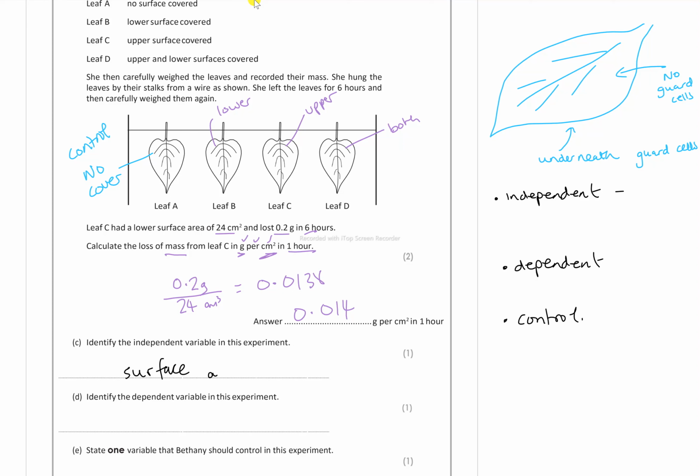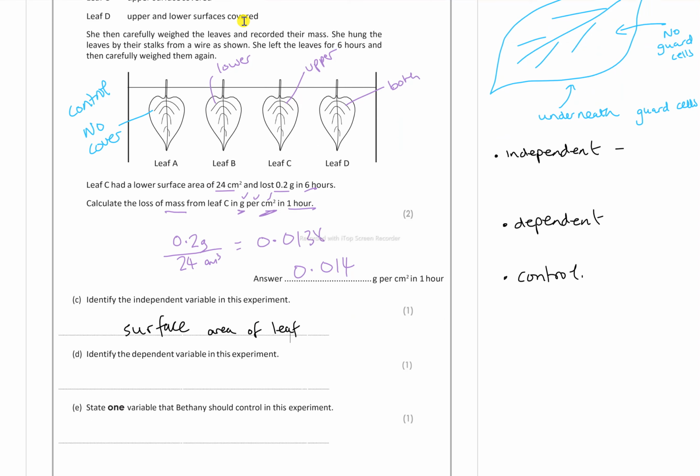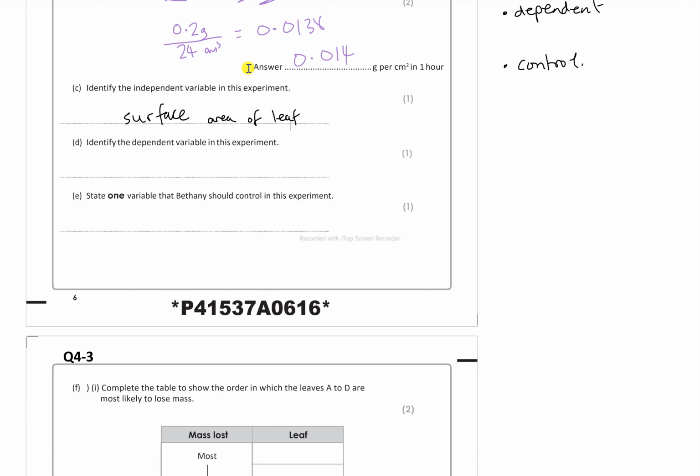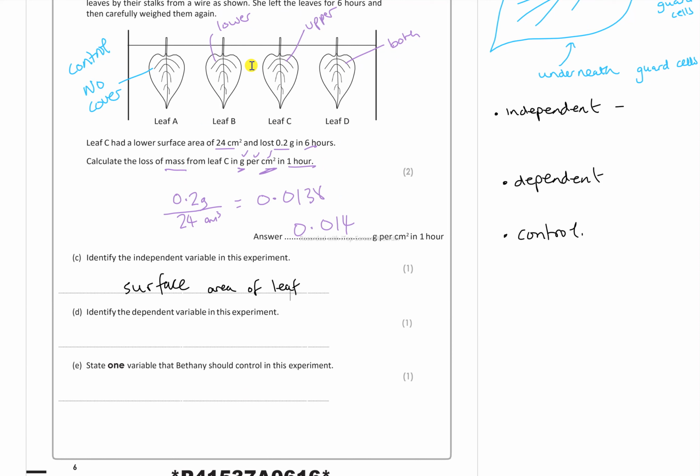Surface area of leaf. Identify the independent variable. The dependent variable is the one that you are going to measure, right? And they're measuring the loss of mass. So that's quite simple. Loss of mass.